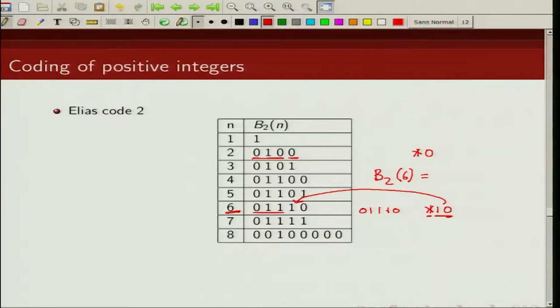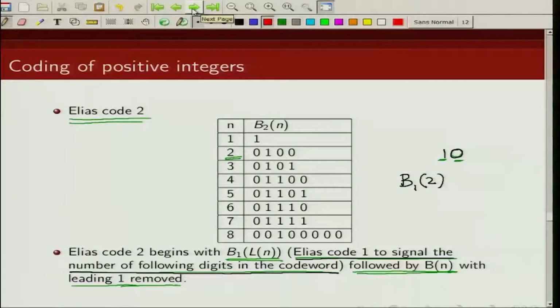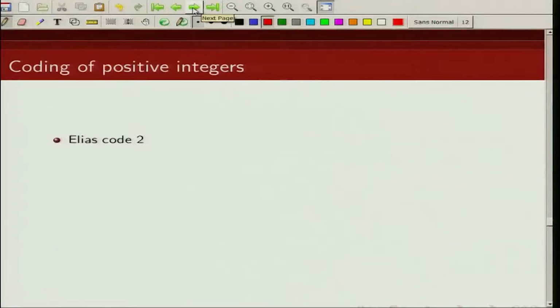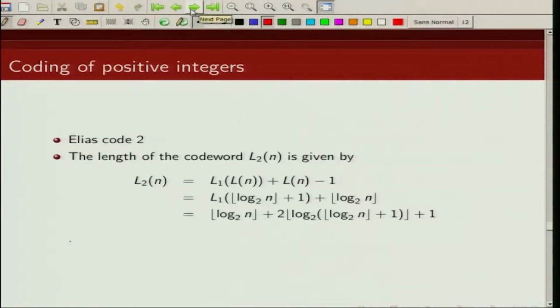So to repeat, we are using Elias code 1 to denote how many digits are there in the binary representation of that number, and then we are following it by the binary representation of the number with leading 1 removed. Now, what is the beauty of this particular code? Number 1, this is a prefix free code, and let's compute the length of the code word.